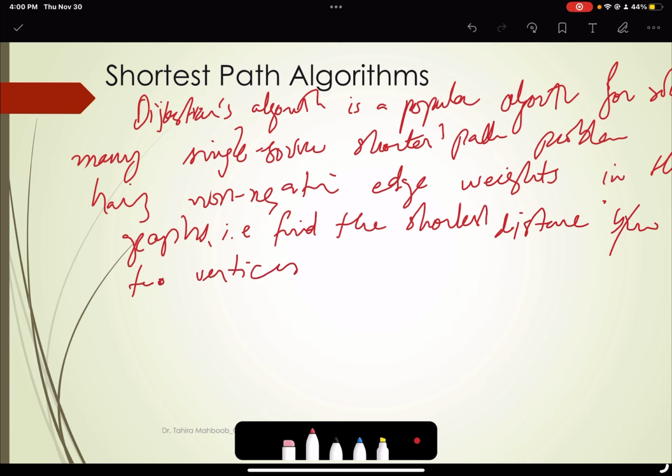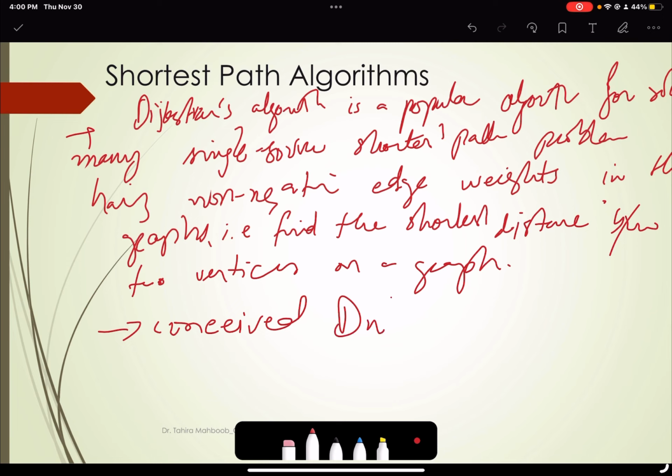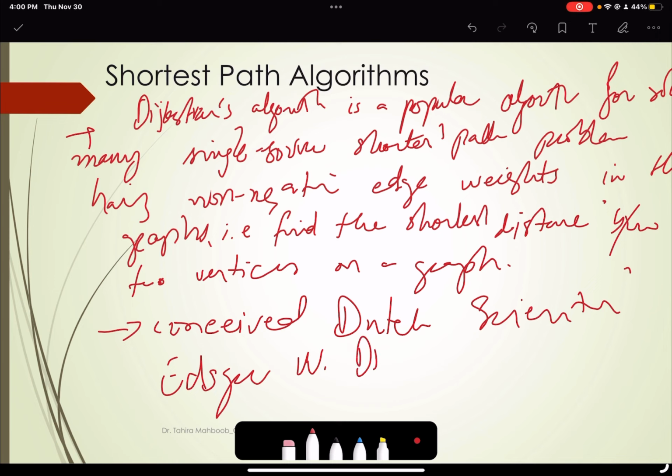And the idea was conceived by a Dutch scientist named Dijkstra in 1956.